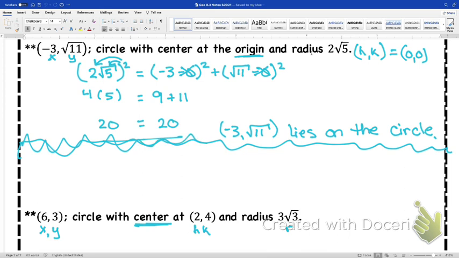I'm going to do my work above so I don't have to lose that screen. So does the x go with the h and the y go with the k? Yep, every time.